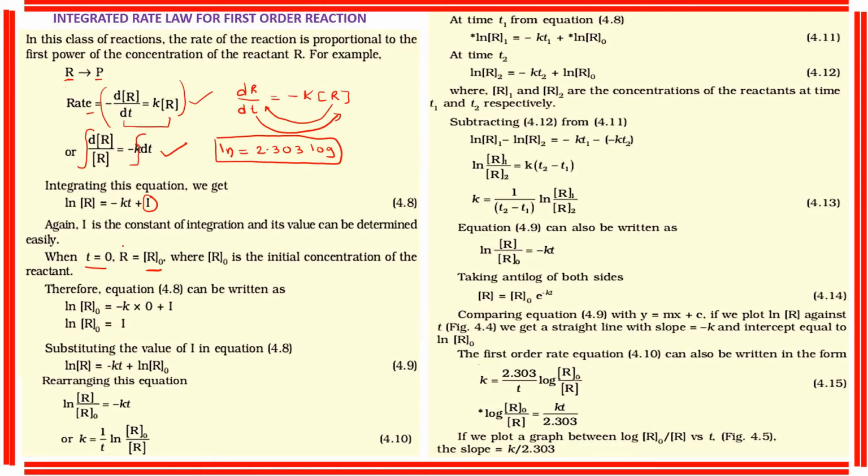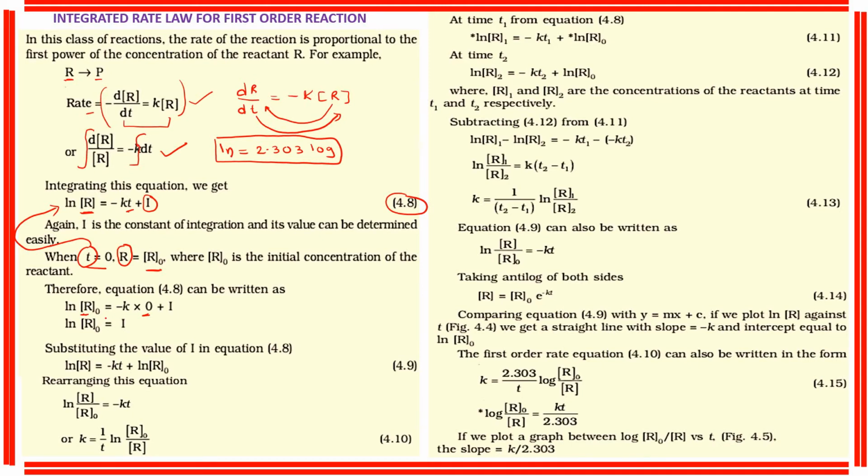Now substitute these two terms, the concentration of R and t equal to 0, in equation 4.8. After substituting, in the place of R we have R naught, and in the place of t we have 0, plus I. Now K into 0 is 0.